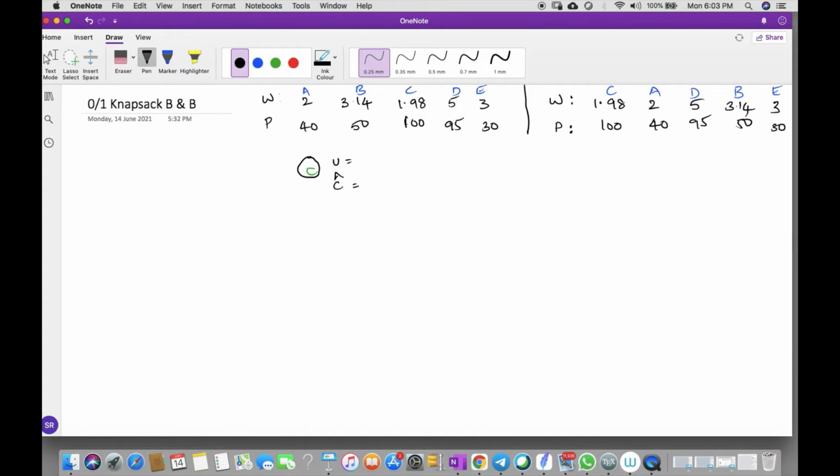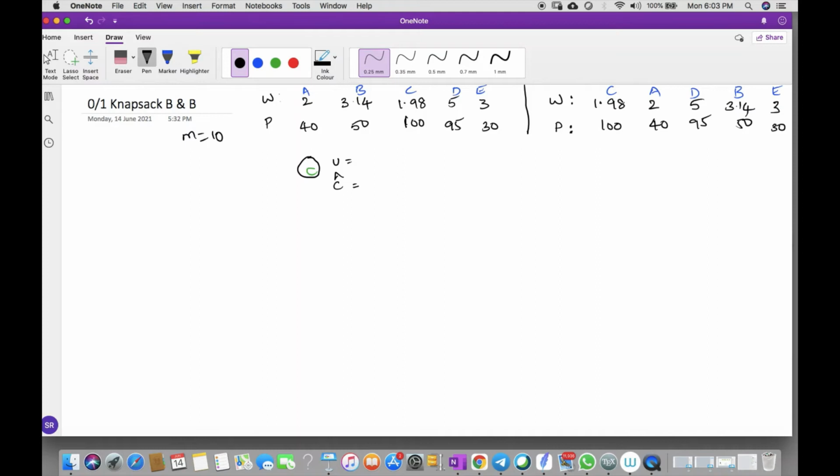Start from left to right and sum the weights. Here we have 1.98, 2 and 5, which sums up to 8.98. But our maximum weight M is equal to 10. We should not cross it, and if we include the item B, it crosses 10, so we don't include it. So our total weight is 8.98, and the price saved is 235.